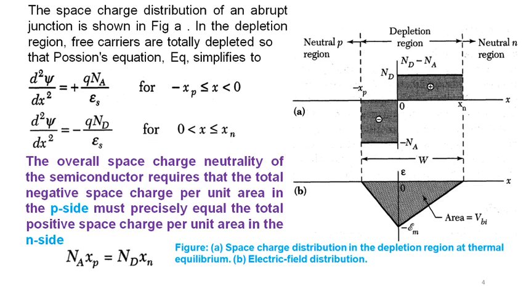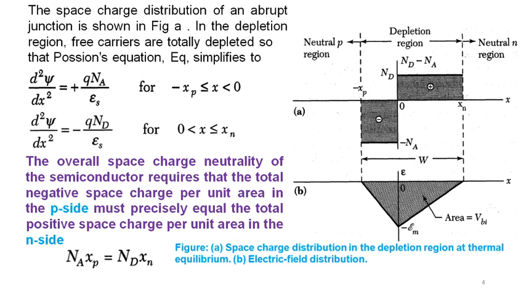In the figure, the first part represents the space charge distribution in the depletion region under thermal equilibrium, and the second is the electric field distribution, which has a triangle-like shape. The shaded portion shown in figure B is the built-in potential. NA xp is equal to ND xn.